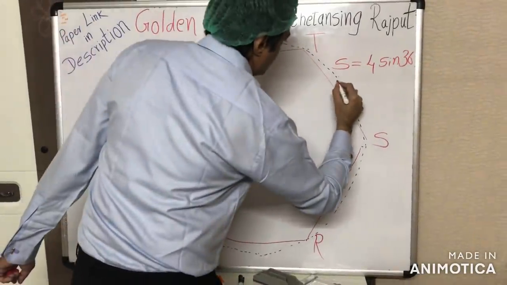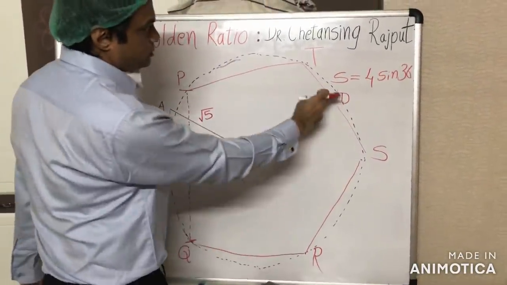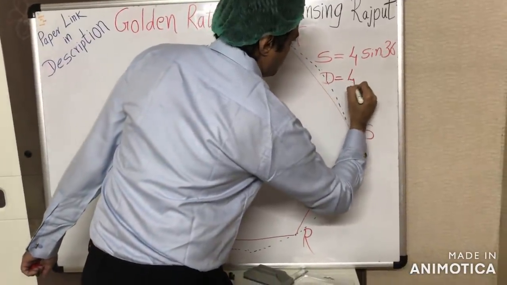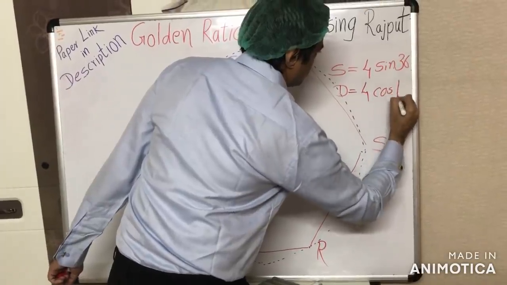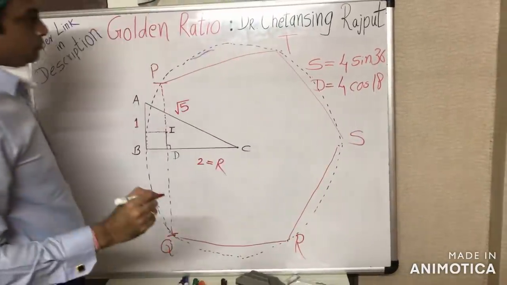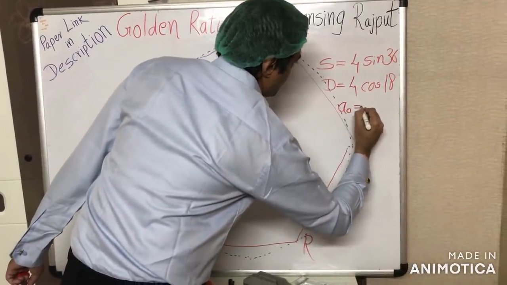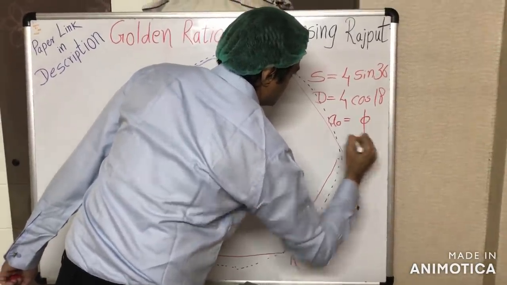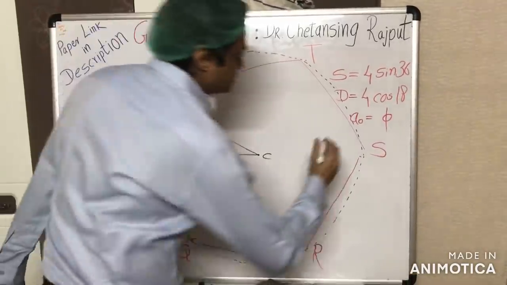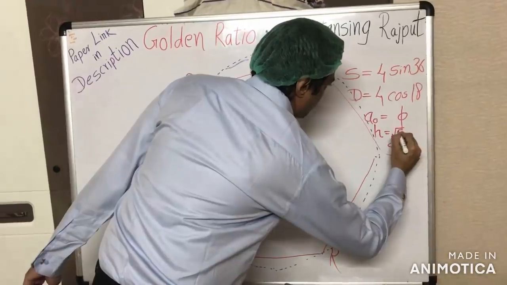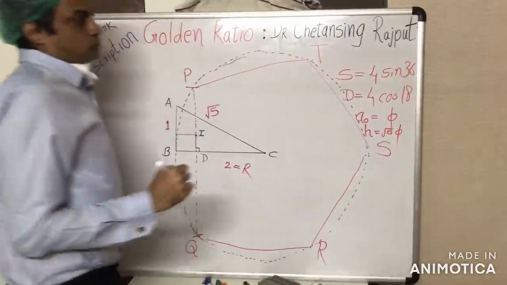Similarly, the diagonal of the pentagon, which is in golden proportion with the side, equals 4 times cos 18. The apothem or inradius of the pentagon is precisely equal to the golden ratio, and the height of this pentagon is equal to √5 times the golden ratio.